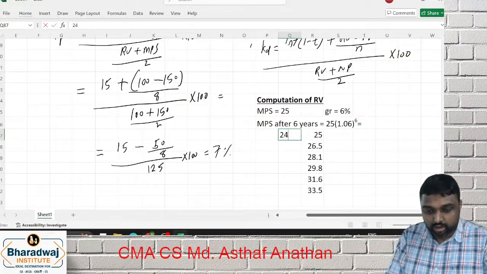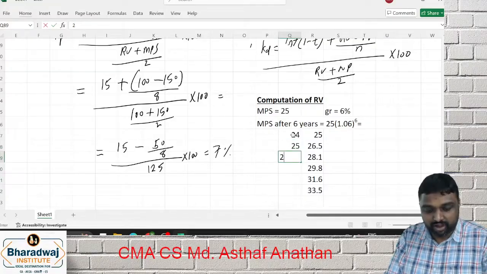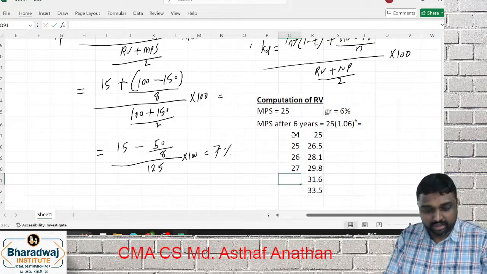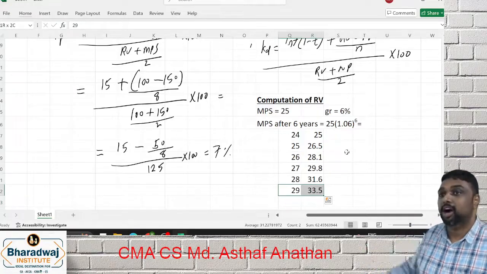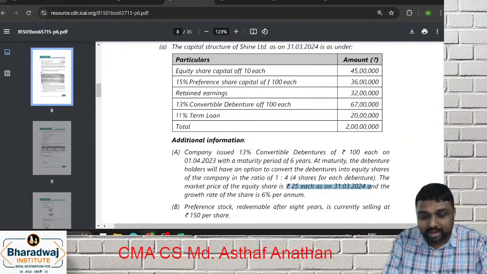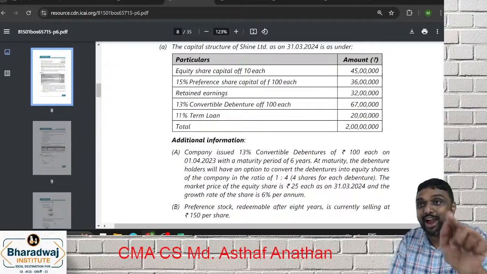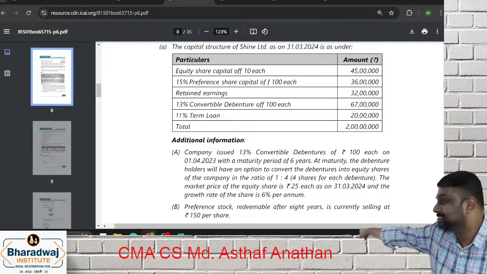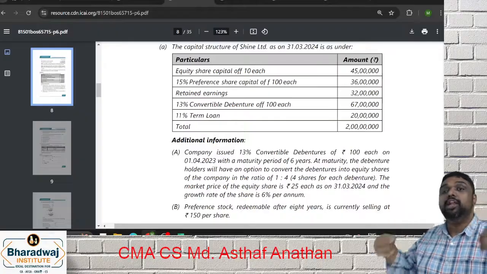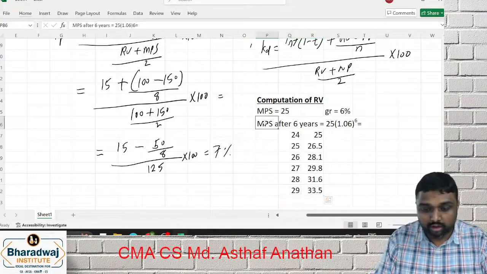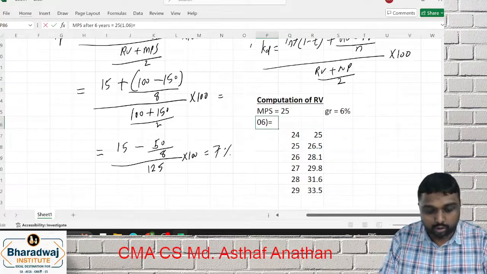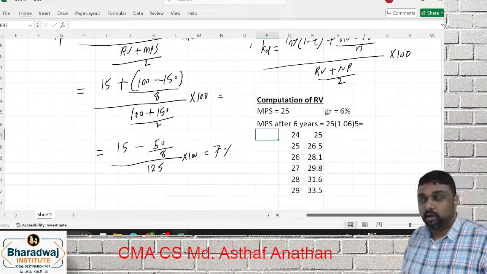So here 24 is 25, this is 26, 27, 28, 29. They have not given the market price of 23, for confusion they have given the market price of 24. So the 24 price is already given. So you can go not 6 times, you have to go only 5 times.